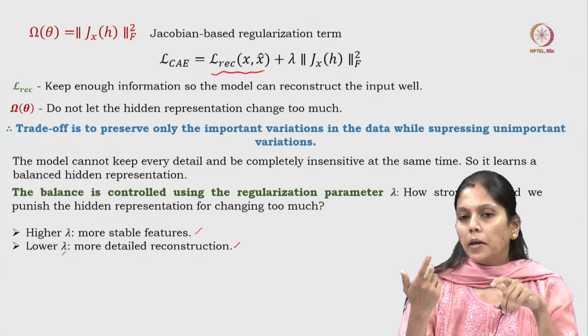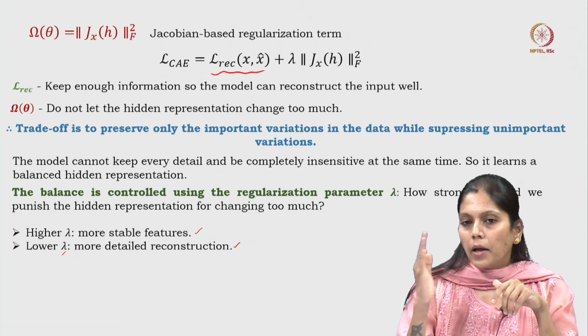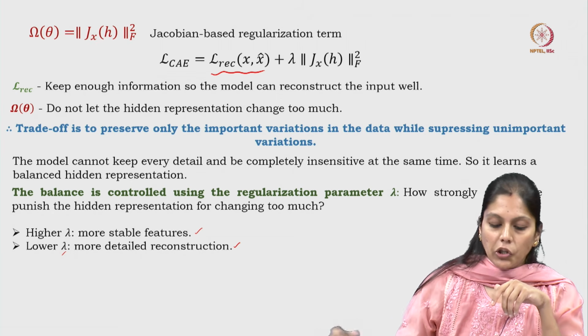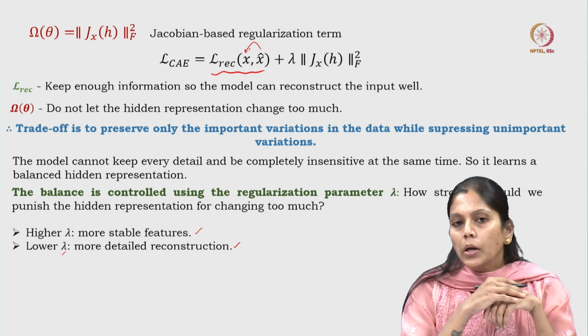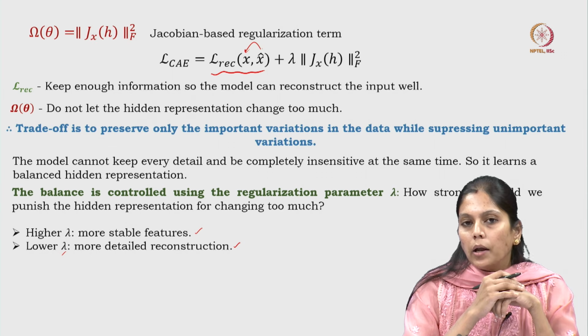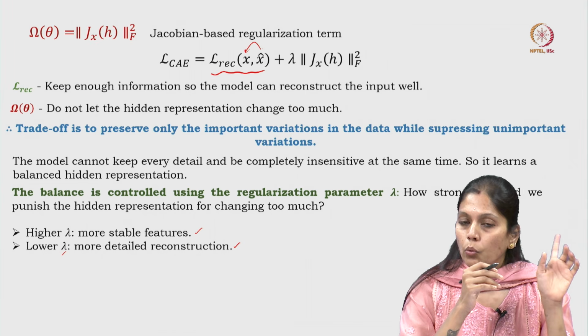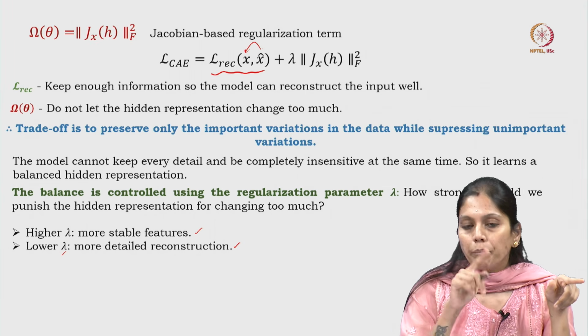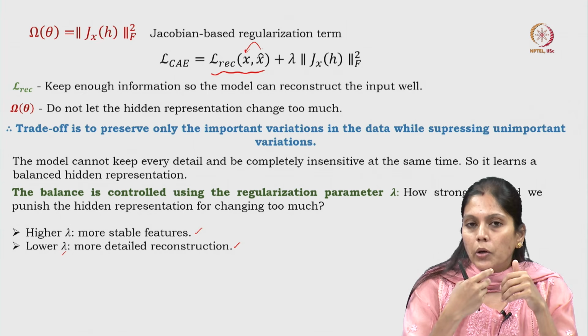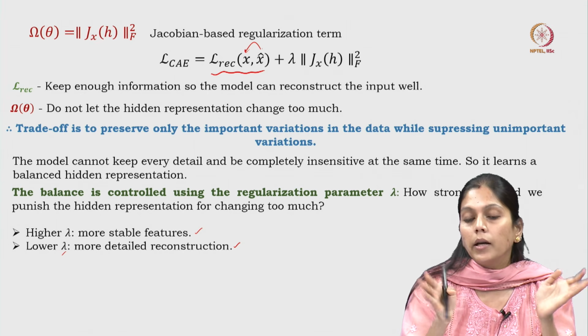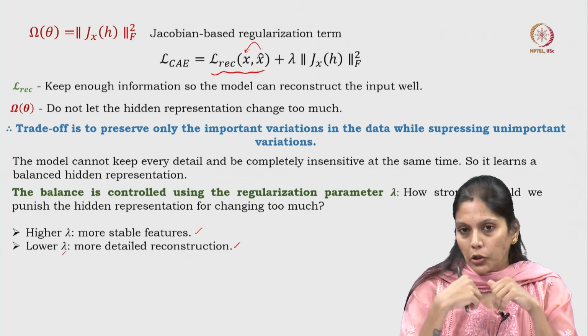How do you understand that it is a poor reconstruction? At the end, you are comparing the reconstructed one with the original. When you compare it with the original, the important variation you have seen in the input is not there, because the model did not capture it. Why did the model not capture it? Because we have trained it such that the hidden representation should not react much.